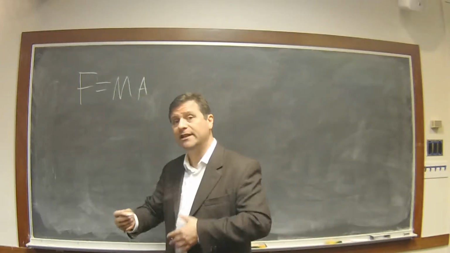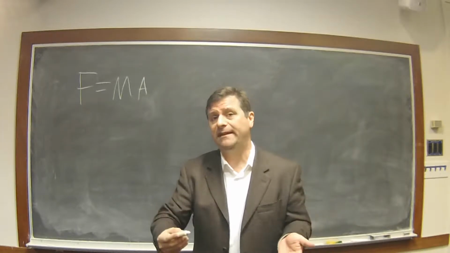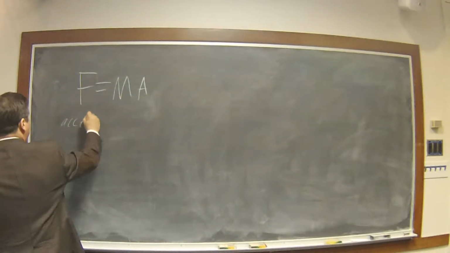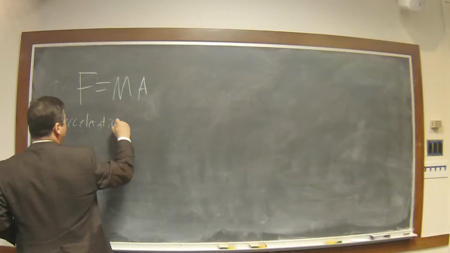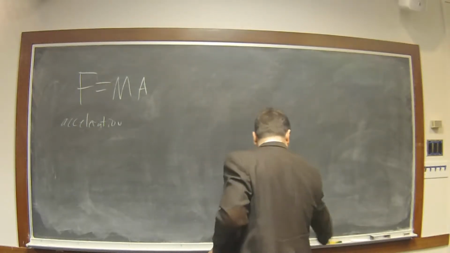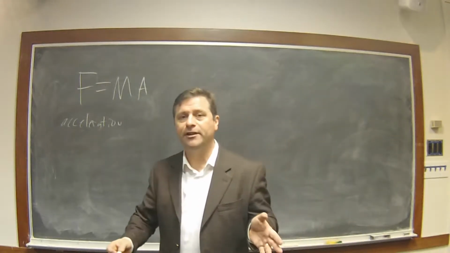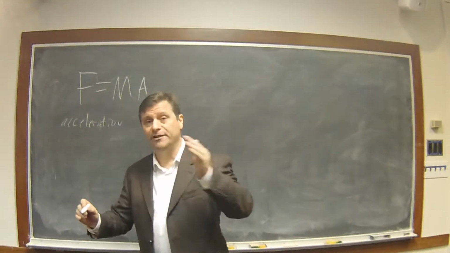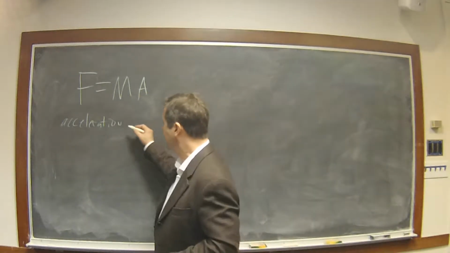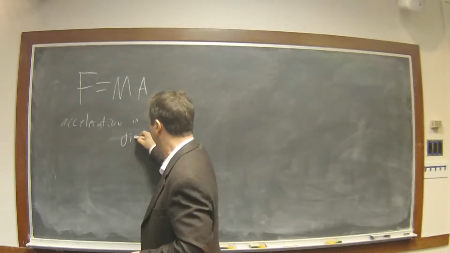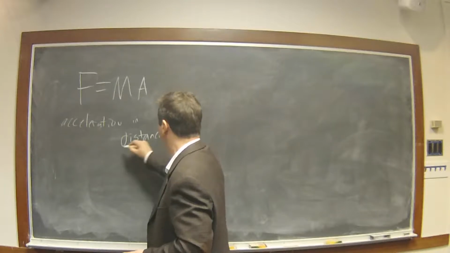Okay, acceleration is a change in speed. All right, so what is an acceleration? We say acceleration is change in speed. So what do we mean by change in speed? This silly thing is not working as well as I need, so I'll go to that one. Acceleration is a change in speed. Well, speed is a distance divided by a time.